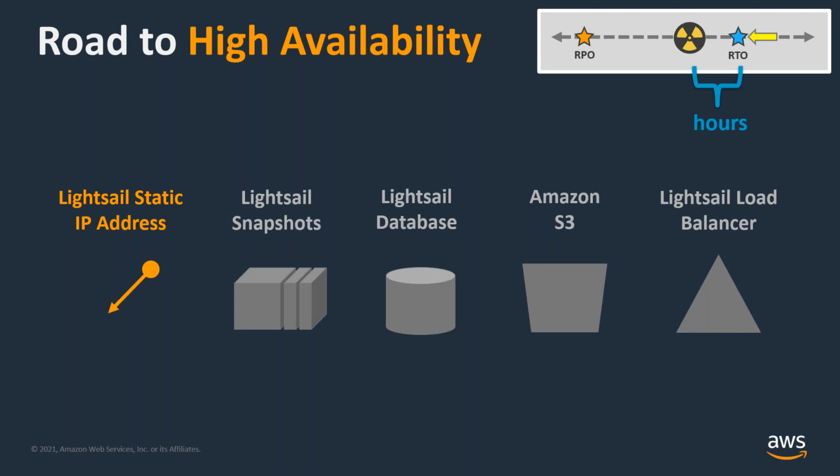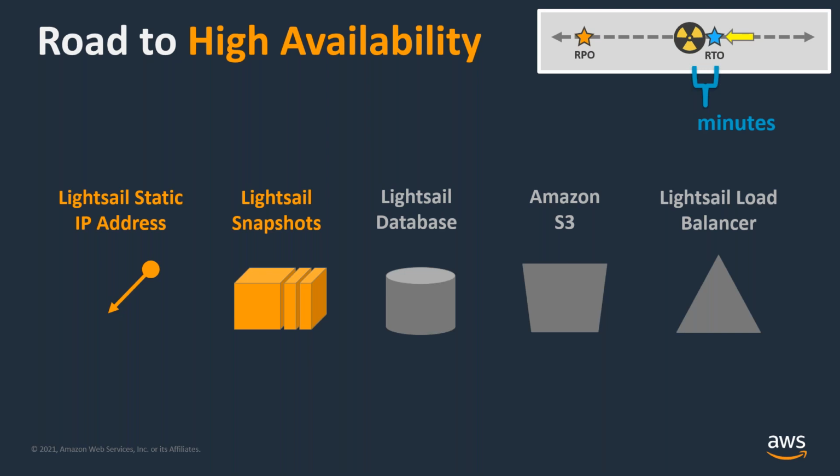And we reduced our RPO down to effectively hours at that point, really the amount of time that it took for us to then rebuild our system from scratch. And then we solved that problem, rebuilding our system from scratch, by introducing the use of Lightsail Snapshots.